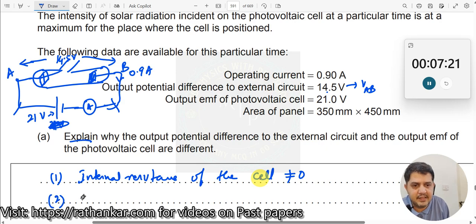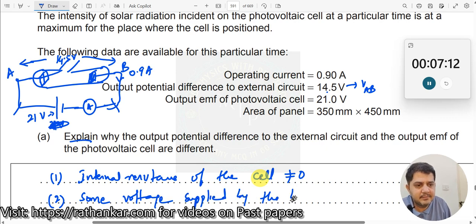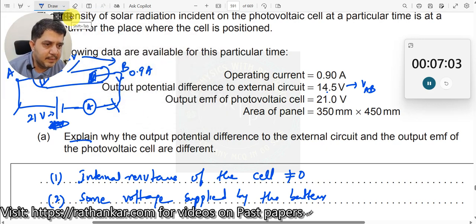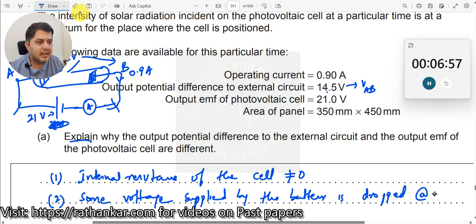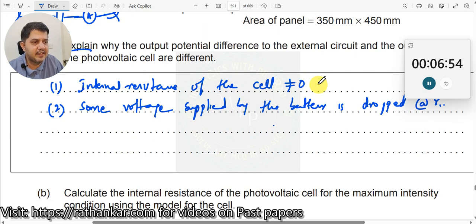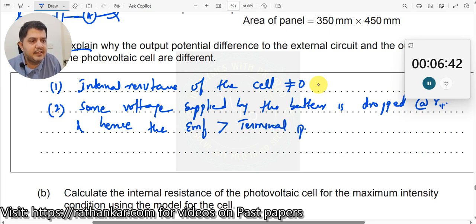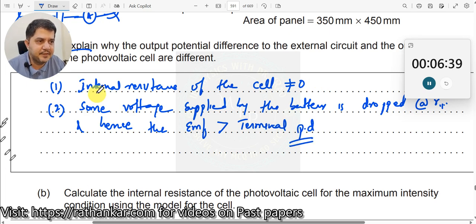The second point, you say that some voltage supplied by the battery is dropped at Ri, the internal resistance, and hence the EMF is greater than the terminal potential difference. Perfect. 2 marks have been given.